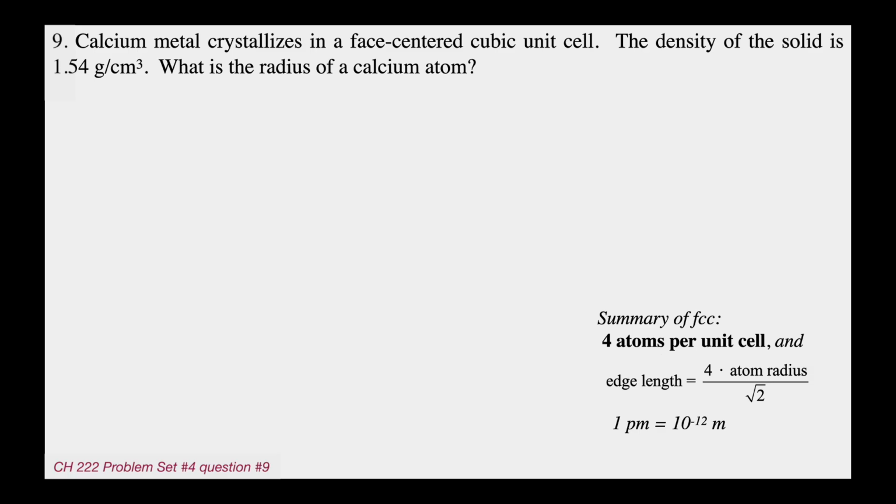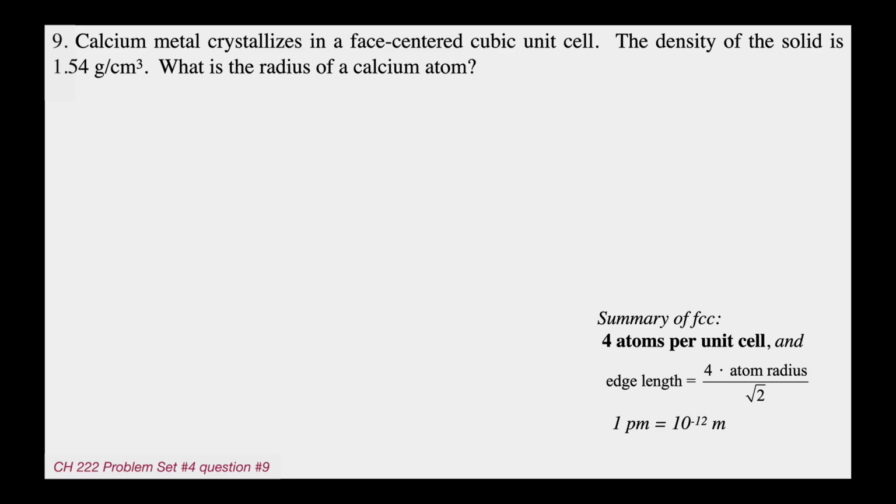On this problem, there are different ways to do it, but I would probably start at 4 atoms per cell, and you can move from atoms to moles using Avogadro's number. If you have moles, you can move moles to grams using the molar mass, because you know this is calcium, and we can look up calcium on the periodic table to find the grams per mole.